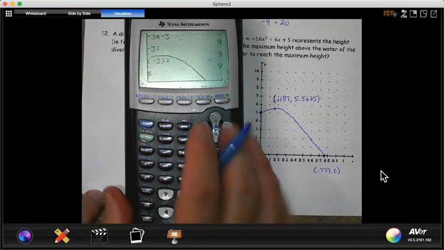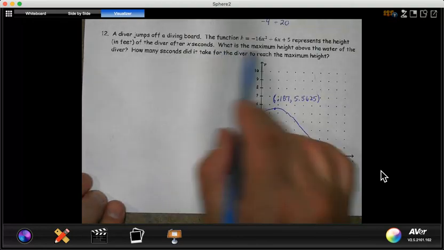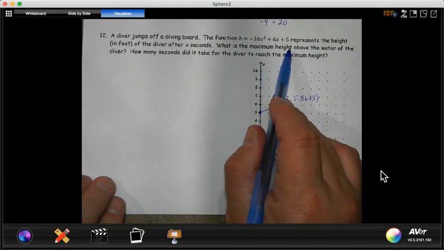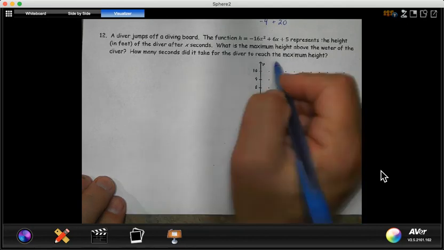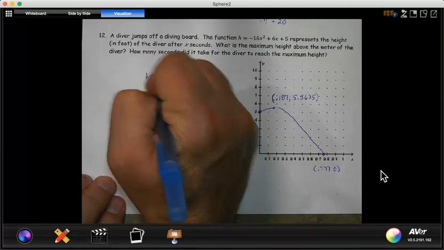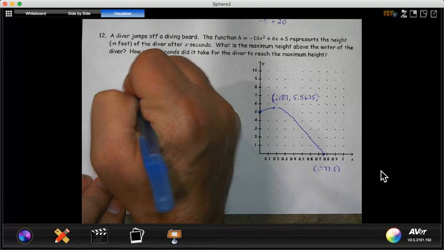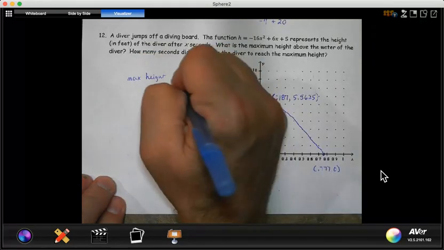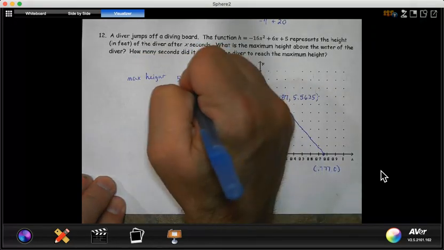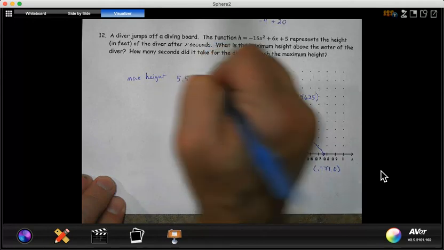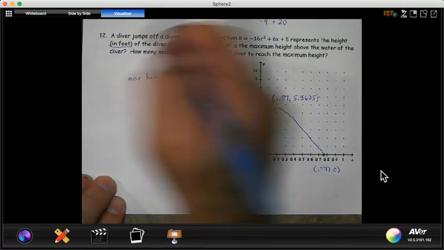Cool? All right, so there's our graph. Now let's answer the questions. What is the maximum height above the water? That's that number. Height max, 5.5625, and my units are in feet.